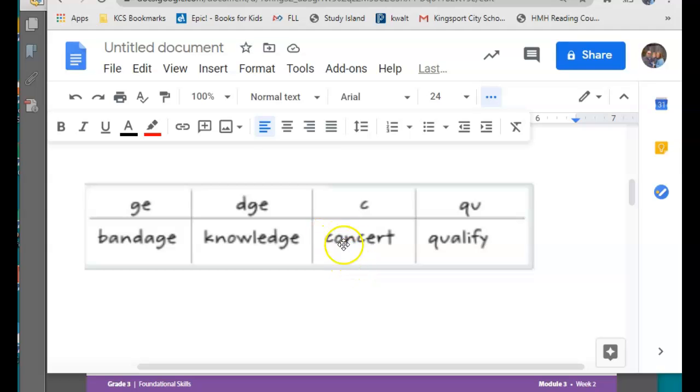And then we have concert. Here, that C at the beginning makes that k sound, but in the middle, that C is making the s sound. Notice that placement, how sometimes that changes the sound of the letter. But here we're looking at the k sound that C can make at the beginning. And then we have the qu sound. Remember that QU makes the KW sound, like in the word qualify.